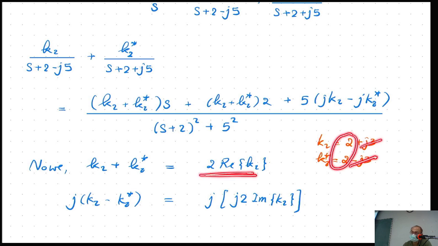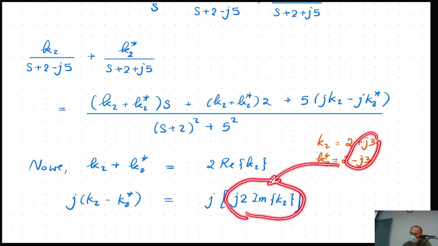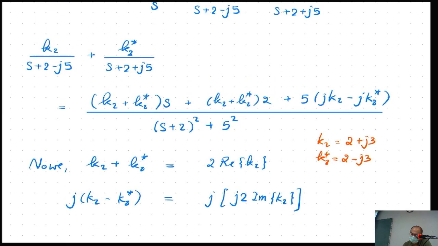So it's this guy. But if you subtract K2 conjugate from K2, then the 2 will be gone, and you'll be left with 6J, right? Which is this guy. Now, because we also have to multiply it with J, J times J we know is equal to -1.